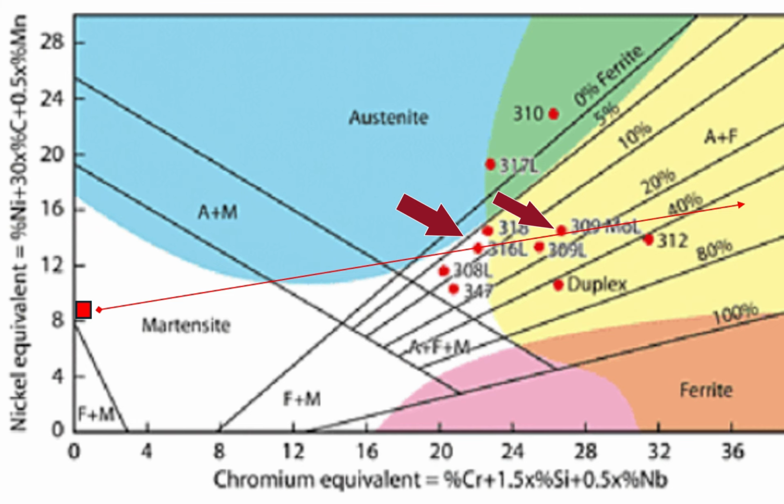And that's how, from this electrode composition, considering dilution, assuming that there'll be some amount of carbon enrichment and some changes in the final deposit chemistry based on the percentage dilution, you select the right electrode. So your right choice is 309. That's how we really get the electrode for dissimilar steel joining, carbon steel to stainless steel 316.